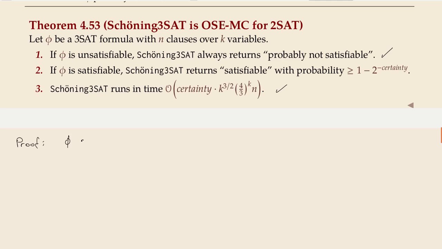So as before, we will assume this is satisfiable. So there is at least one satisfying assignment. And of course, we use the same analysis with this Markov chain as before.